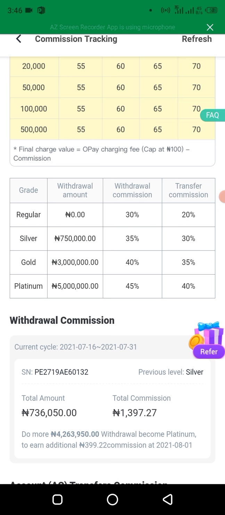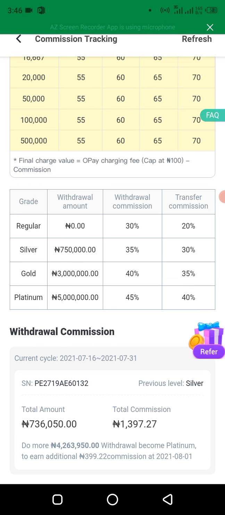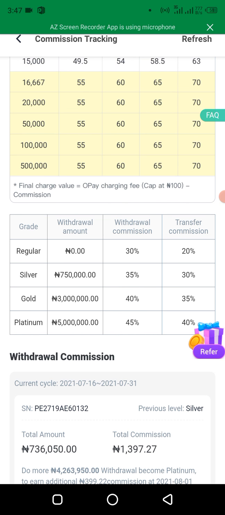All this percentage is the percentage of the charges they charge you, not the percentage of the money. Now the charge on 18,000 is 100 naira. So Opay will return 30% of that 100 naira. That's what they mean here. That means they will return 30 naira back to you, which means you are only debited 70 naira for the transaction.